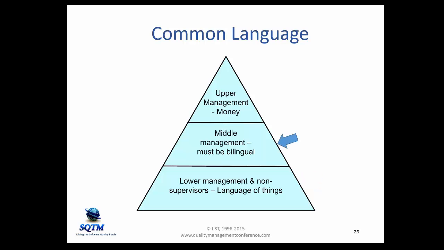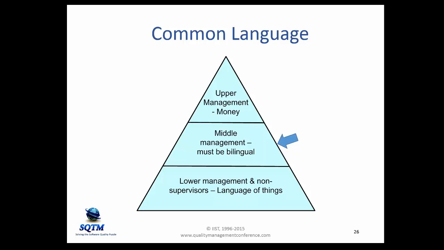Well, the next one is middle management. And I've heard people say, and I believe it, that middle management is the hardest level in an organization. So they must be bilingual. They must be able to talk to the lower management or non-supervisors in the language of things.